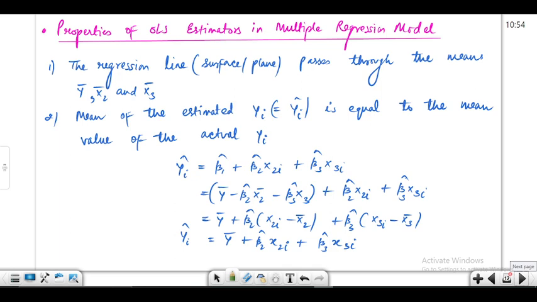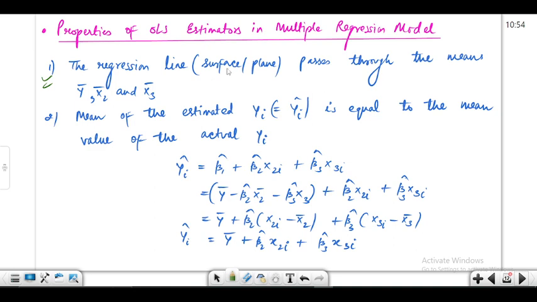More or less, the properties are very similar to the properties of the estimators in the simple linear regression model. Let's go through them one by one and very quickly, because you are already aware of these properties if you have read the simple linear regression model. The first one is the regression line.